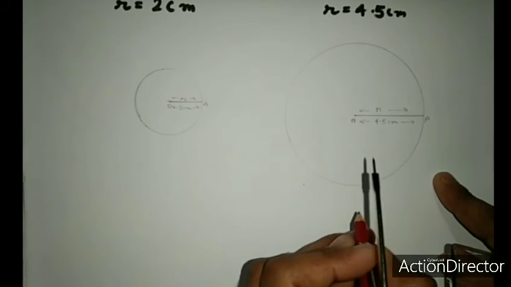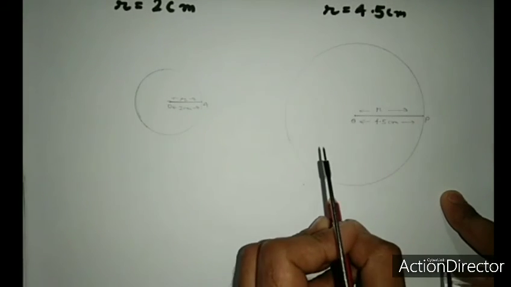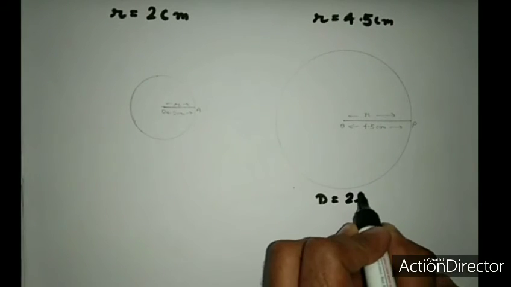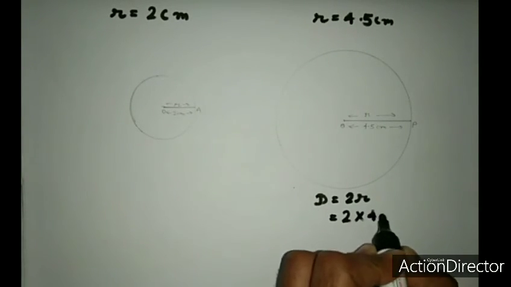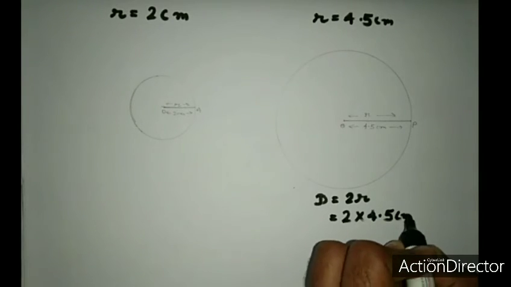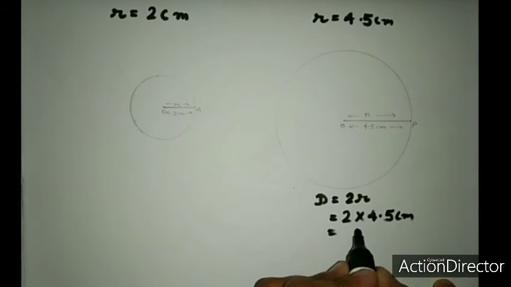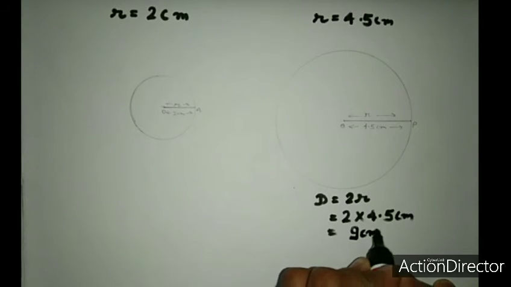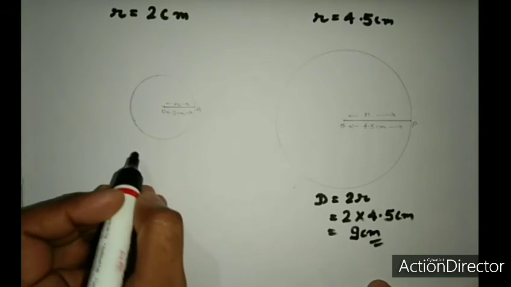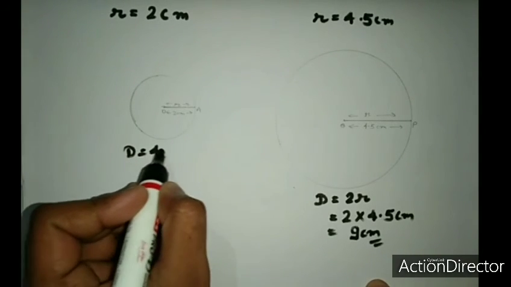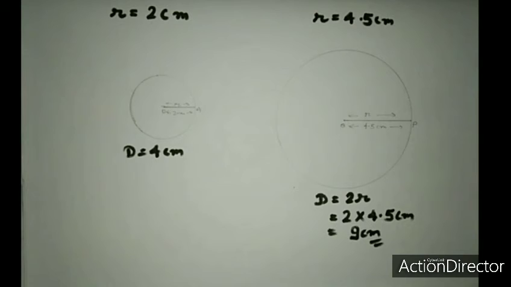You all know that diameter equals 2 into R, so we multiply 2 by 4.5 centimeter, and here we get 9 centimeter. So here you say that diameter equals 9 centimeter, and in the first example diameter equals 4 centimeter.